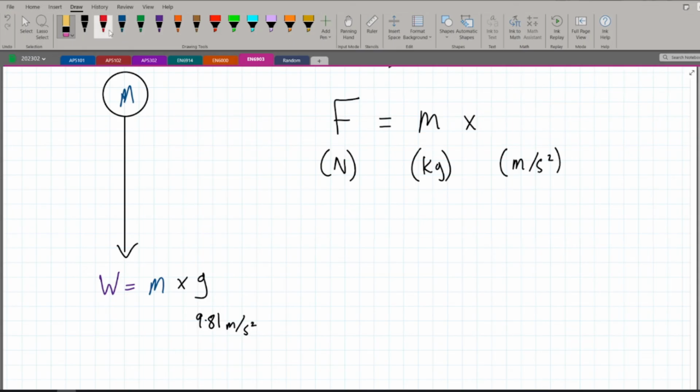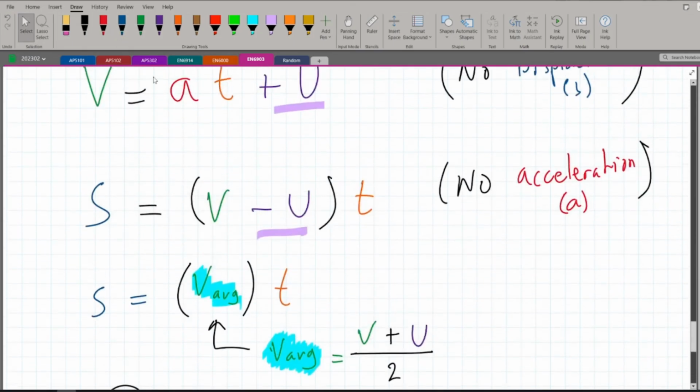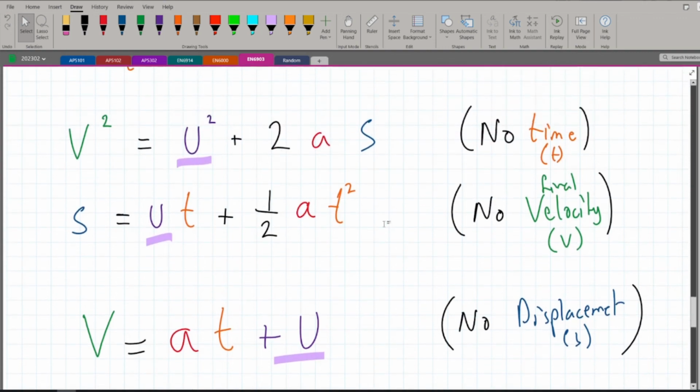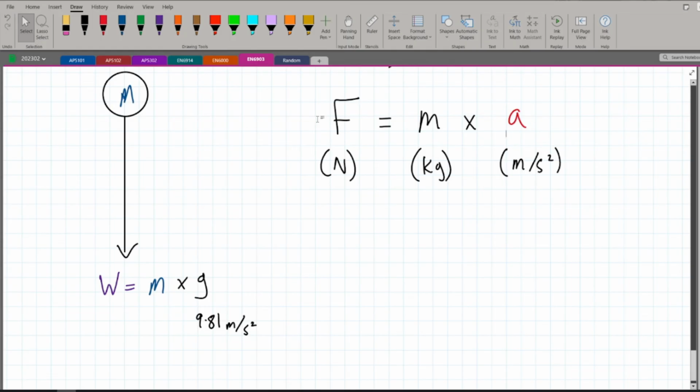Because we will be using this acceleration with all the linear equations that we have learned before, so that we can determine the F value based on a specific mass of an object. If an object is moving with a specific mass at a specific acceleration, we can find out how much force is being exerted.